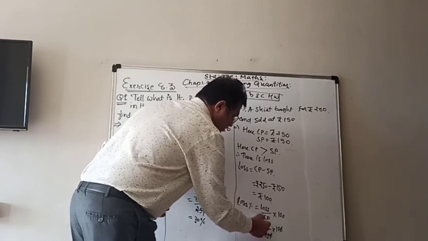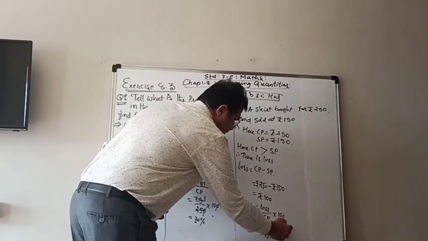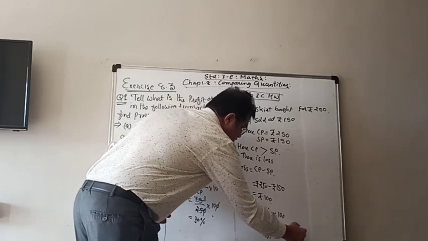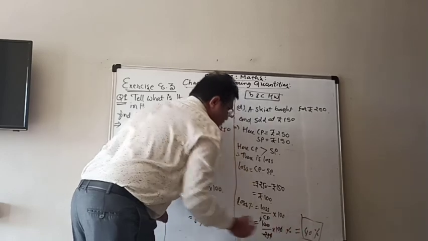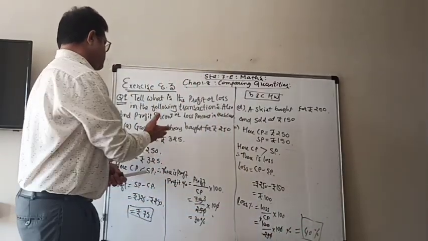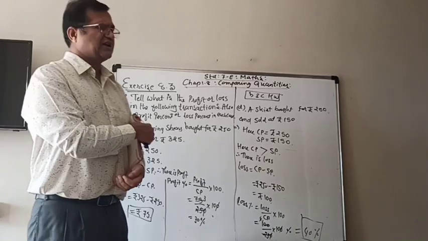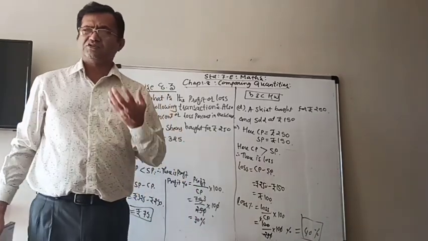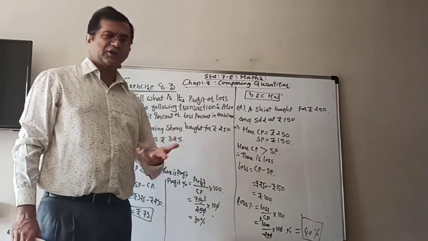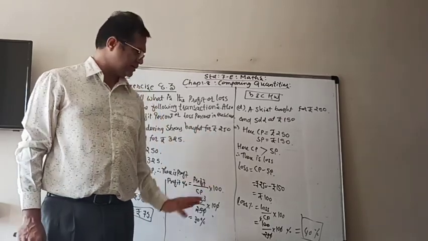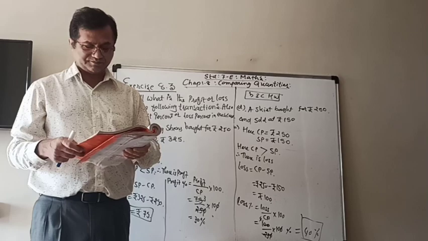Cancellation, 25 fours are 100. So 10 fours are 40. So your answer is 40%. So in this case, very simple thing: just CP and SP, then check whether it is profit or loss, put in the formulas, and then convert it into percent.